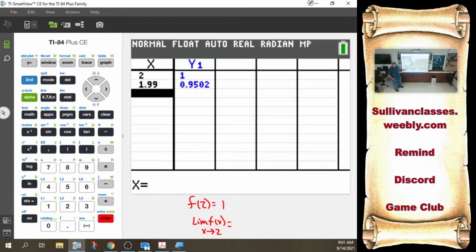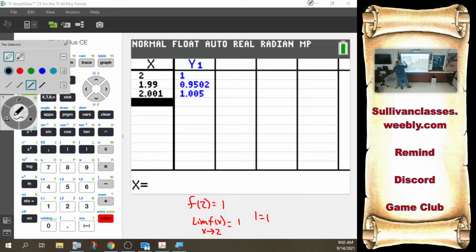And on the other side of it, 2.001. You just got to get close to it. And I see that both of those numbers, as I come at 2 in the middle, they're both headed really close to 1. So that's my limit. And lo and behold, 1 equals 1.